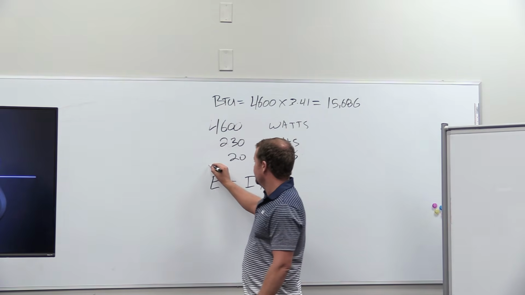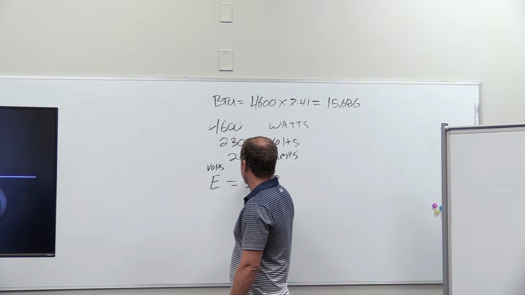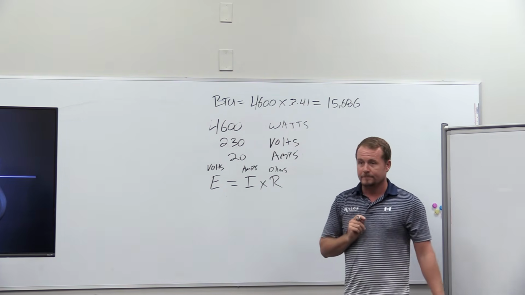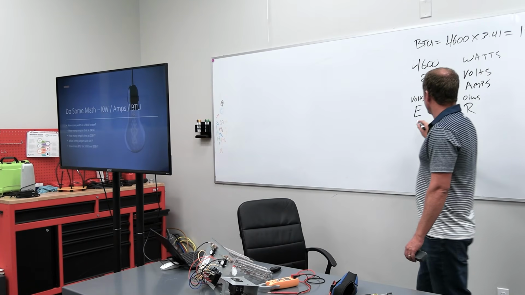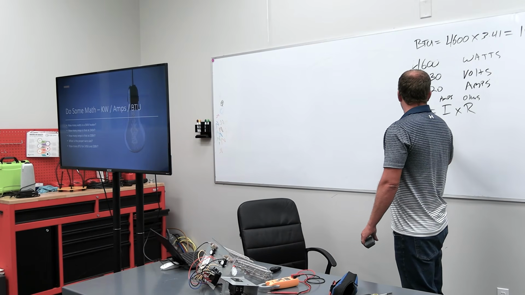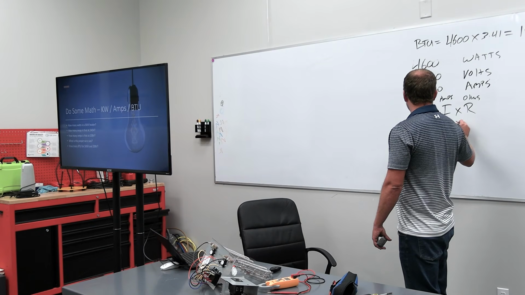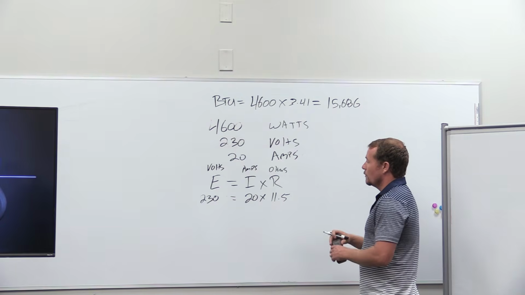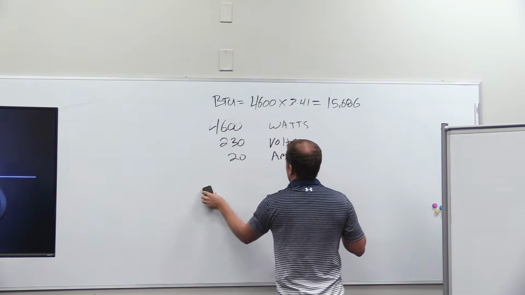Volts, amps, ohms. So what do we know? We know in this case that our voltage is 230 divided by 20 equals what? 11.5.